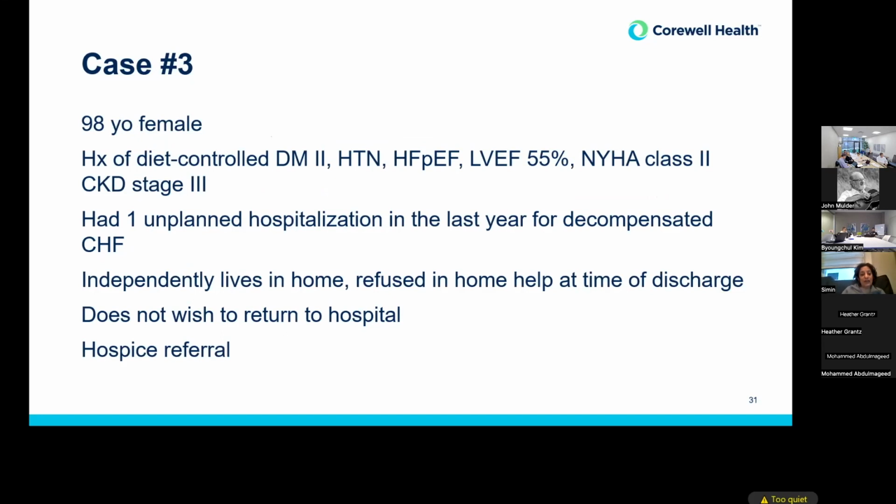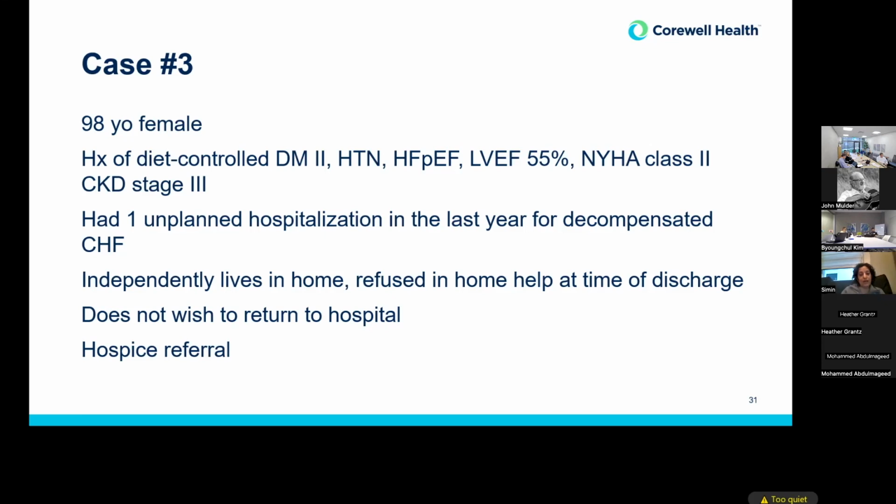She had an unplanned hospitalization for dyspnea. She was hospitalized for 3 days, was diuresed and had medication adjustments, was discharged to home because she refused to go to rehab. And she lived independently in her home, and did not want to go back to the hospital. She was very irritated the whole time she was hospitalized.